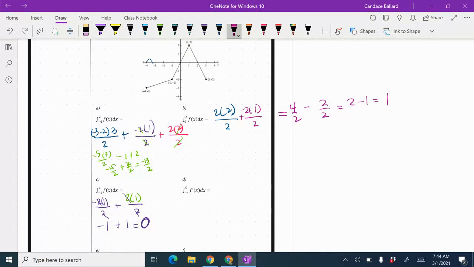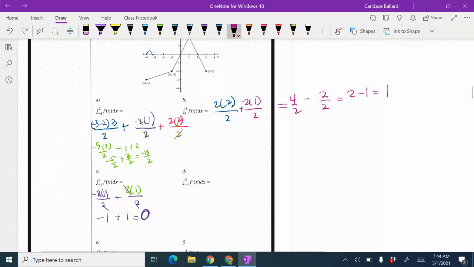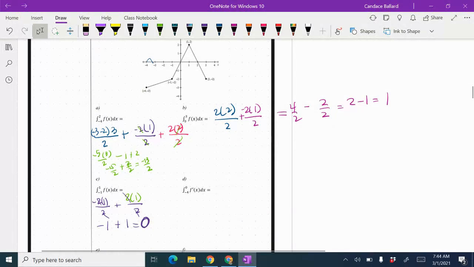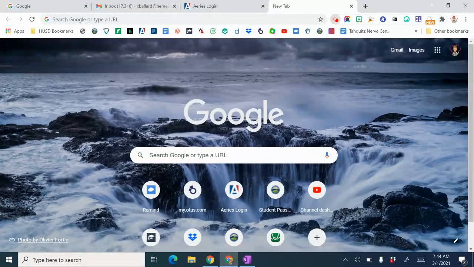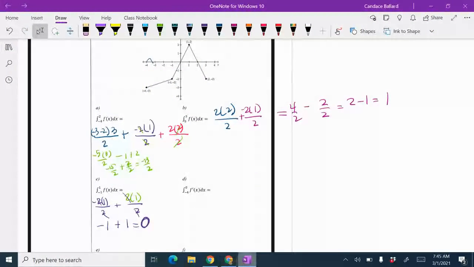All right, let's try another one here. So we've got f prime. This is a little bit different because notice all the rest of them was f. All right, so we were talking about D here. So notice I would have to look at where this is.